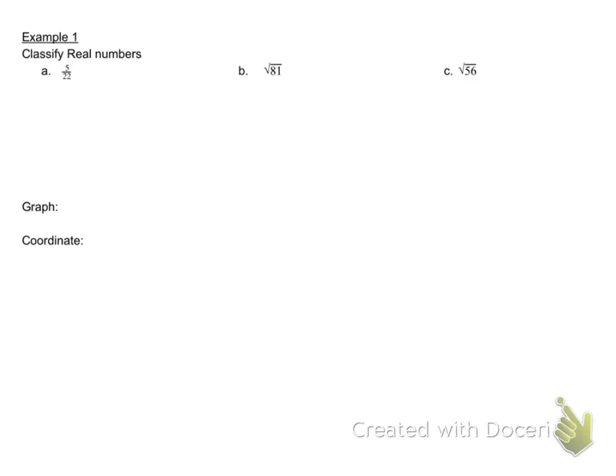So now we have to go into graph and coordinate. The graph for us is just going to be a drawing or plotting of points. For now, it's going to be a drawing, a number line.